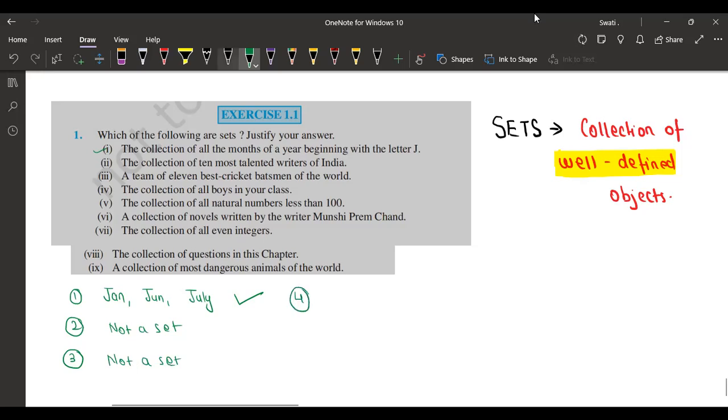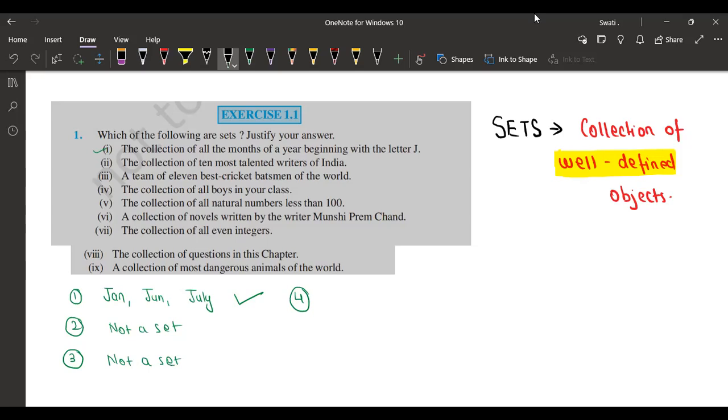Let's go to the fourth question: a collection of all boys in your class. Here it is specifically mentioned that we are talking about all the boys. Will it be difficult to say between the girls and boys whether someone is a boy or not? No, there is no problem in that. We can clearly say who the boys in your class are.